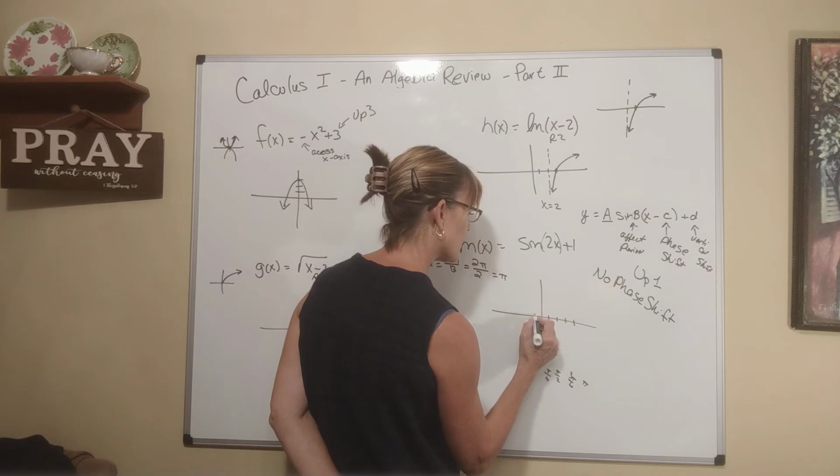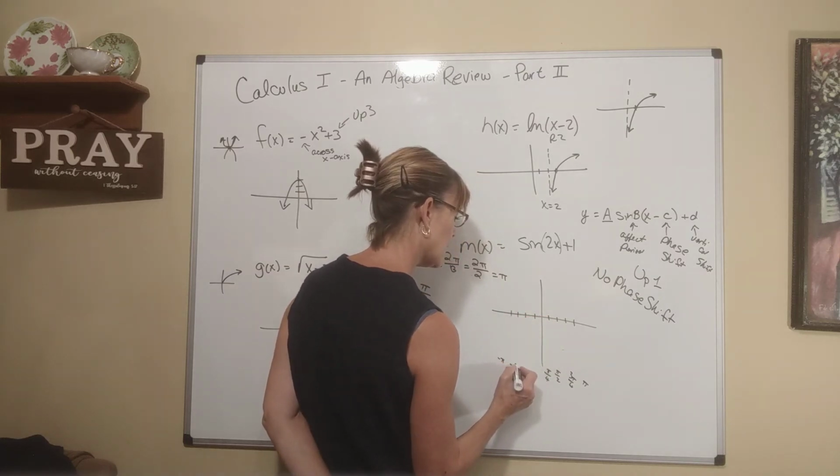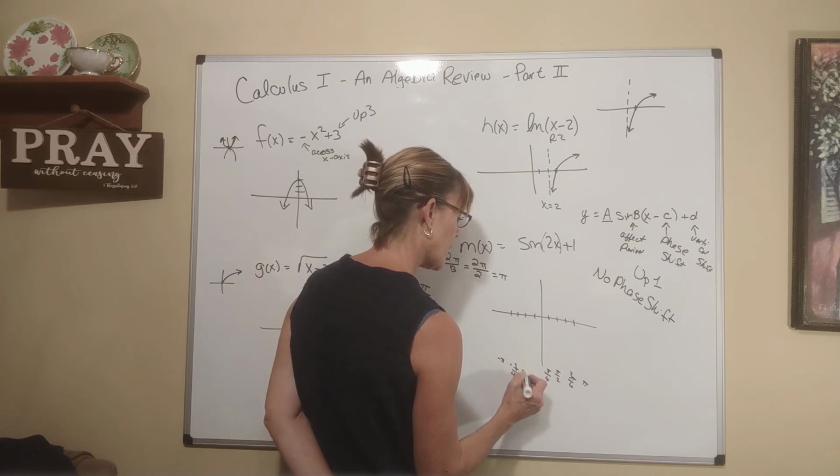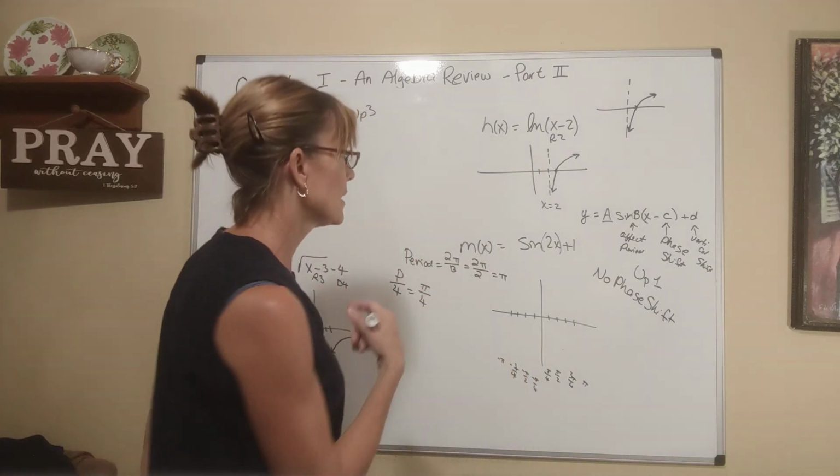Let's go backwards: negative pi, negative 3 pi over 4, negative pi over 2, negative pi over 4. So I'm going to get 2 periods of this because the period's pi.